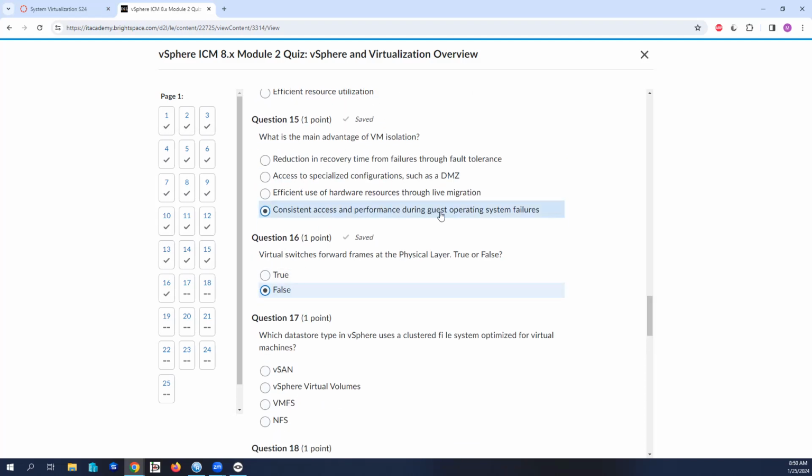Consistent access and performance during guest operating system failures. But we all agree that one's kind of sketchy. I really see this as an answer to high availability application monitoring. With VMware Tools installed, you can configure VMware Tools heartbeat and configure it to monitor Windows services or Linux services.